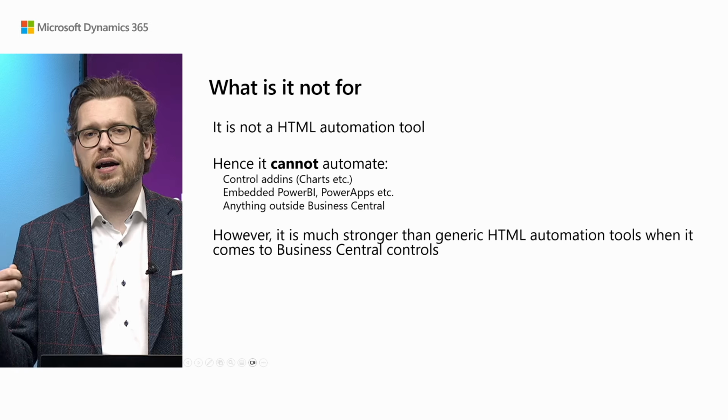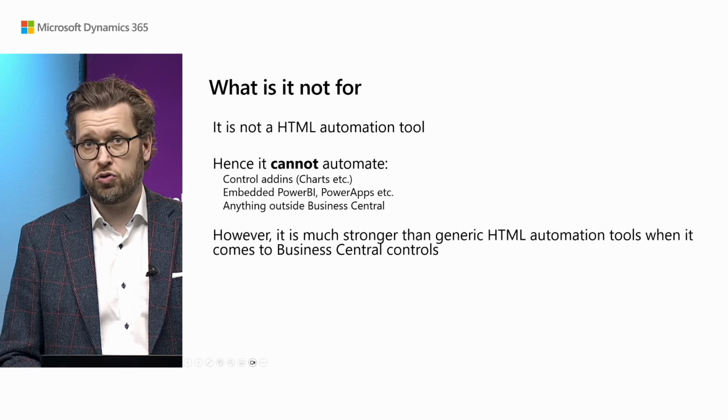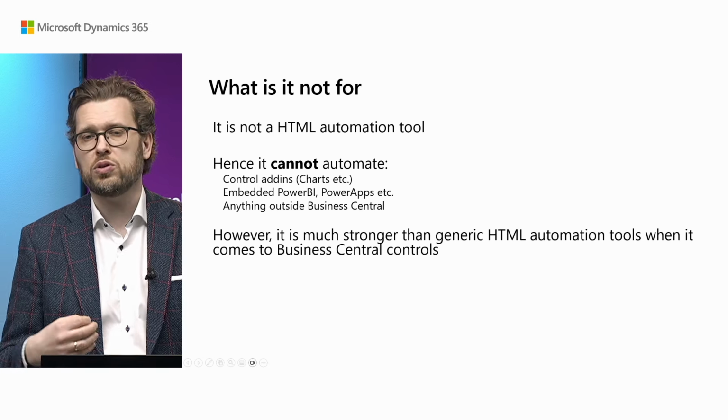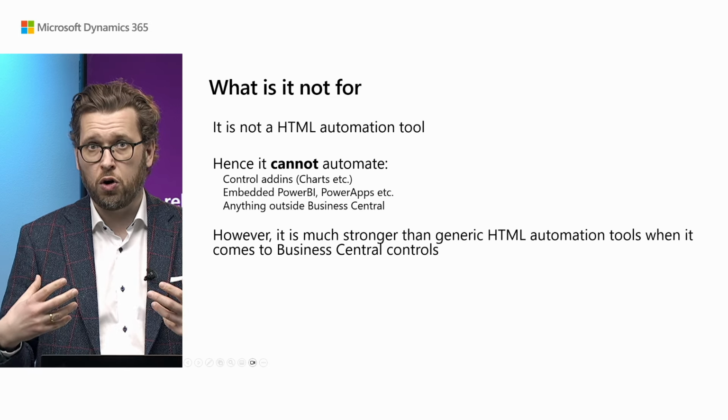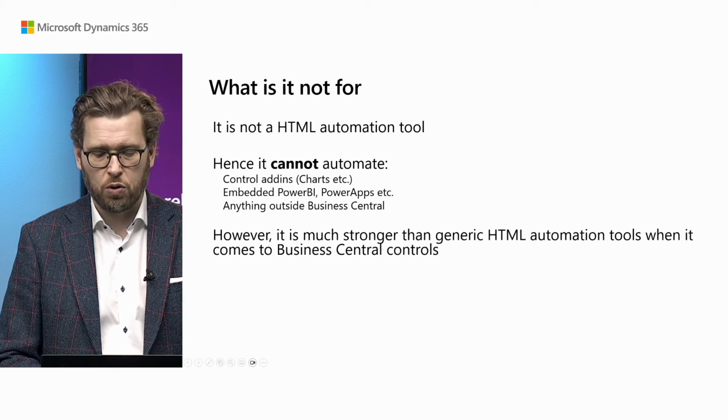It is relying on knowing about the controls and knowing about BC, but that is also what makes it stronger than an HTML automation tool for some of the scenarios that involve Business Central controls. I'm not covering it in this video, but it is worth mentioning also that you can actually use this tool together with some of these more generic tools to plug this in and execute in a bigger end-to-end scenario.